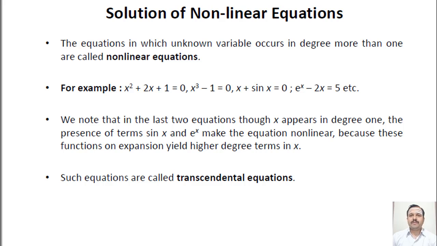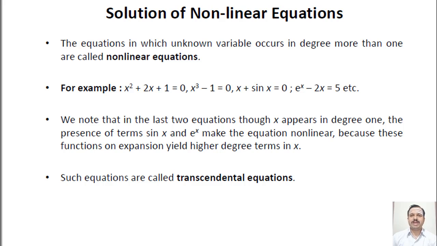For example, if the unknown is denoted as x, and we write x plus 5 equal to 0, then it is an equation. Here the unknown x appears in the first degree, therefore the equation is a linear equation.